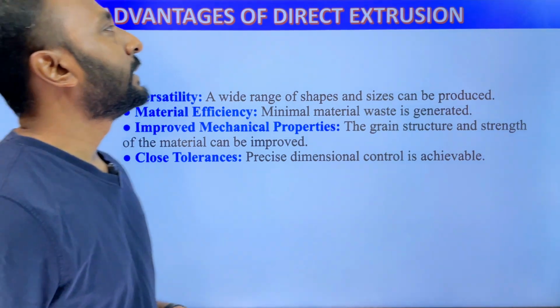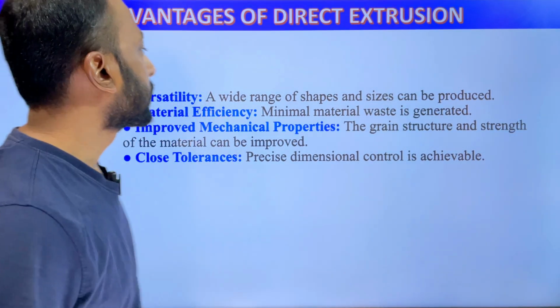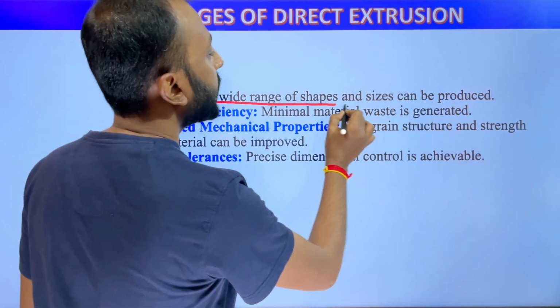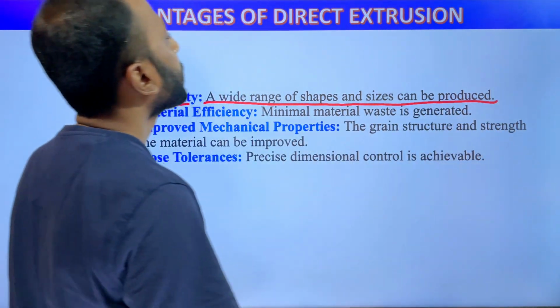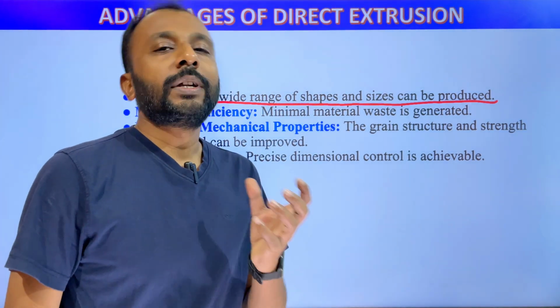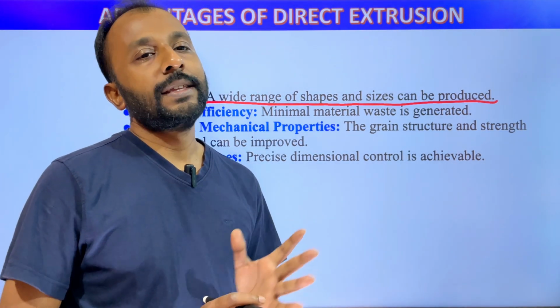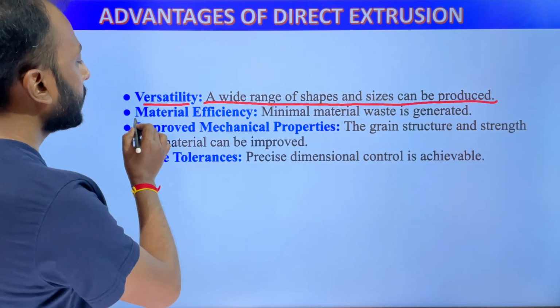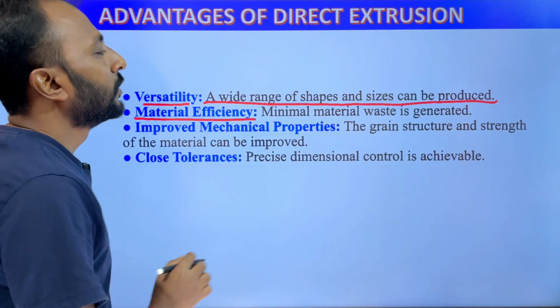There are too many advantages of direct extrusion process. First one is versatility. A wide range of shapes and sizes can be produced using direct extrusion process. So we can make different kind of shapes and sizes of the product using this extrusion process. The next is material efficiency.